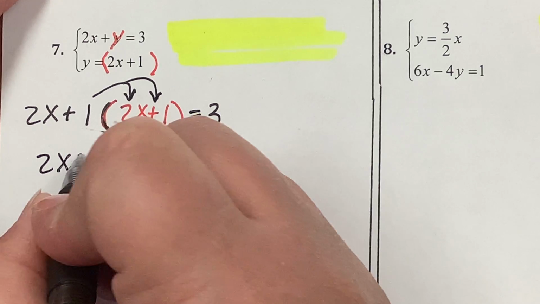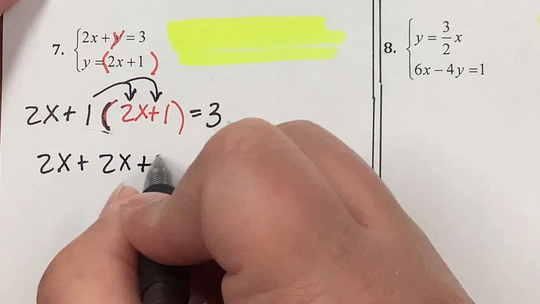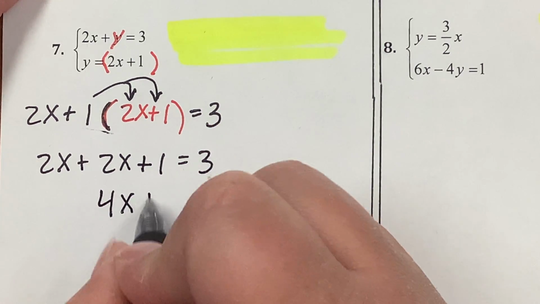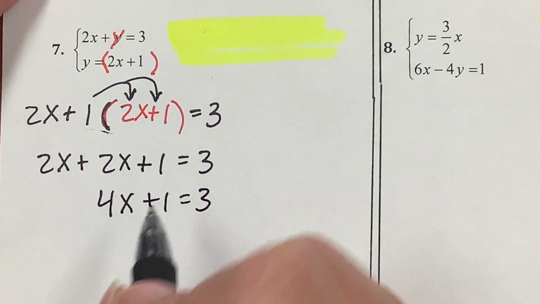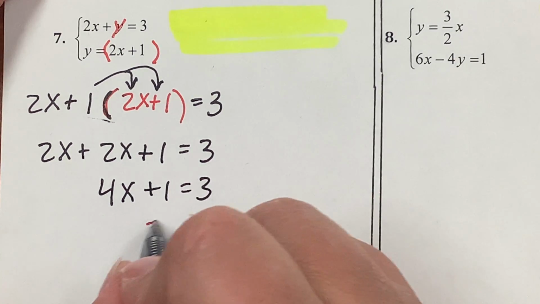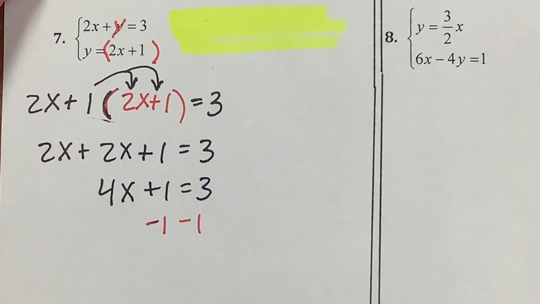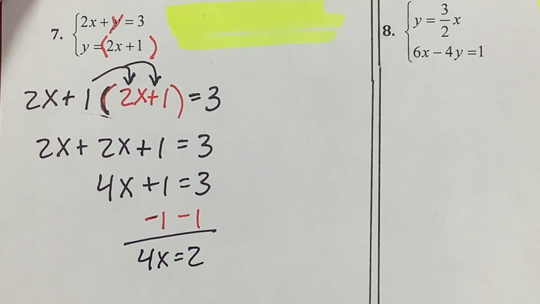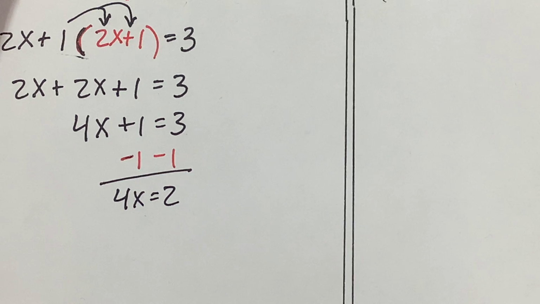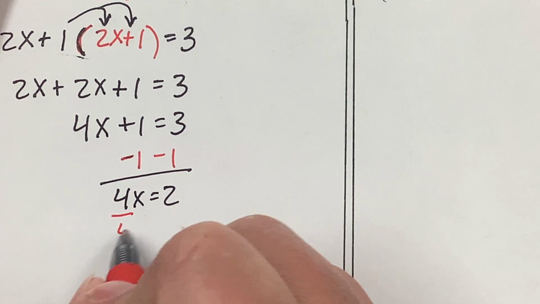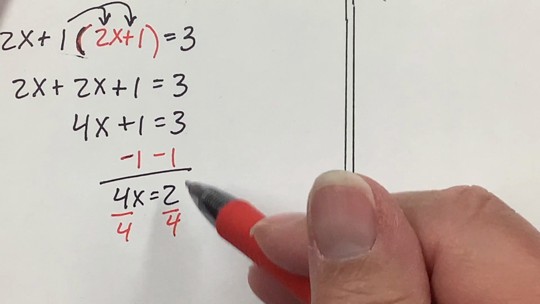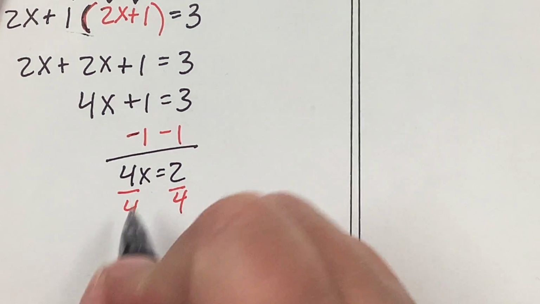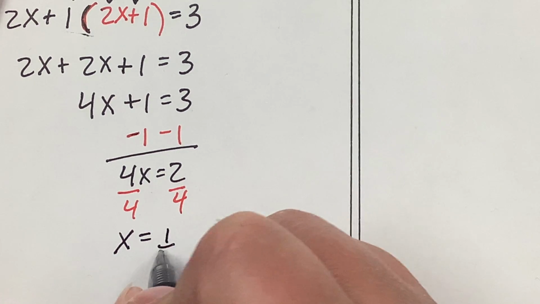So 2x plus 2x plus 1 equals 3. 2 plus 2 is 4x plus 1 equals 3. Minus 1, and 4x equals 2. Oh, bother, we're going to have a fraction. It's okay. We'll get used to it. Divide by 4, divide by 4. Now you see 2 over 4 is the fraction, but you can reduce that down to 1/2 because 2 is half of 4. So x equals 1/2.